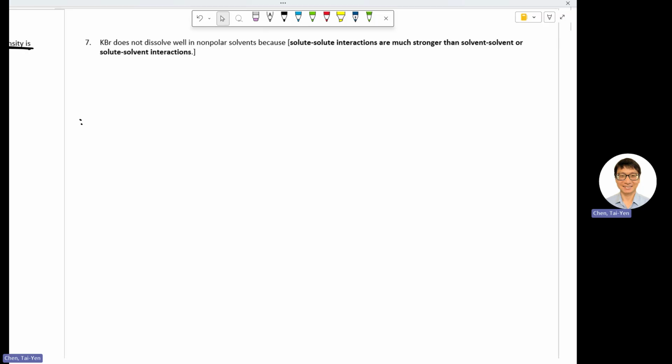So in that case, you will say the solute-solute interaction is stronger than the solute-solvent interaction. This is your delta H solute, and this is your delta H mixing. So you can say this statement.